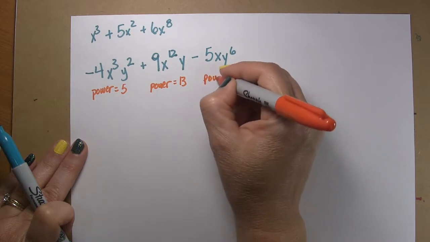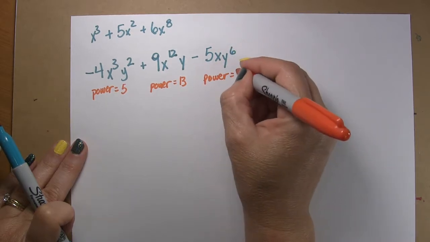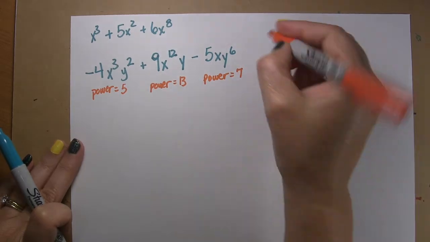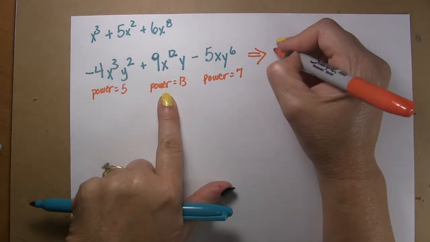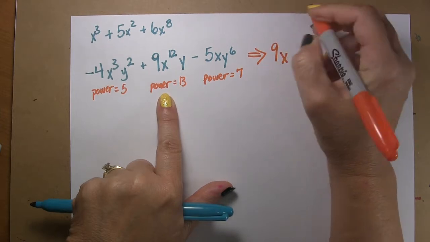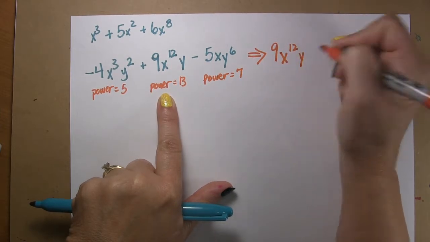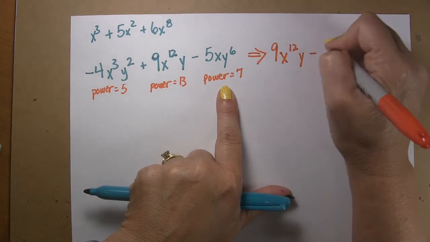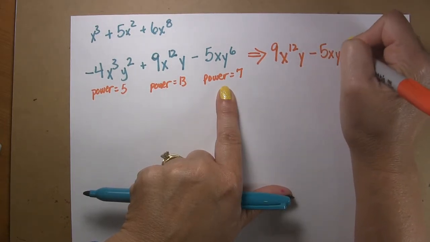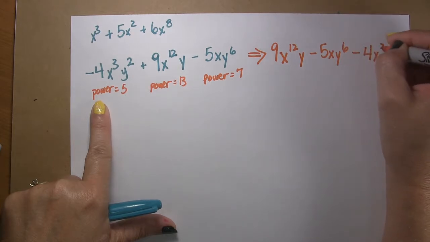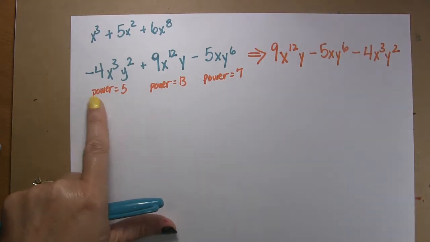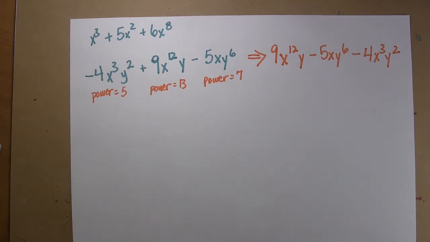And the power here is 1 plus 6, which is 7. So the correct way to write this equation would be our 13 power first, 9x to the 12th y, our 7th power next, minus 5xy to the 6th, and our 5th power last, minus 4x to the 3rd y squared. This would be in descending power order, which is good.